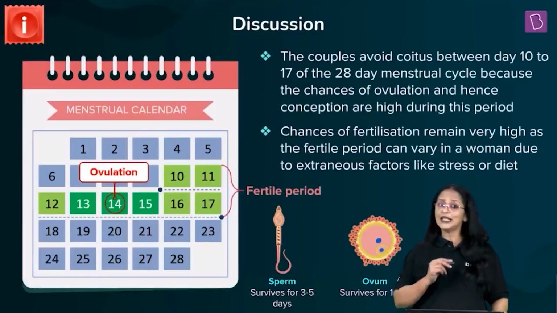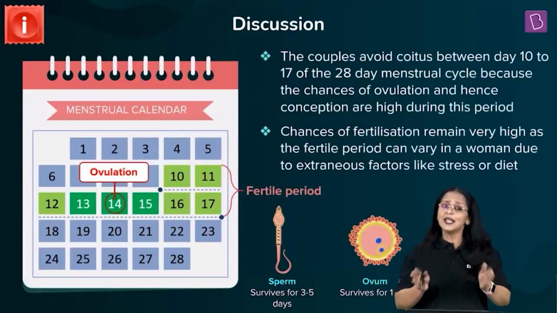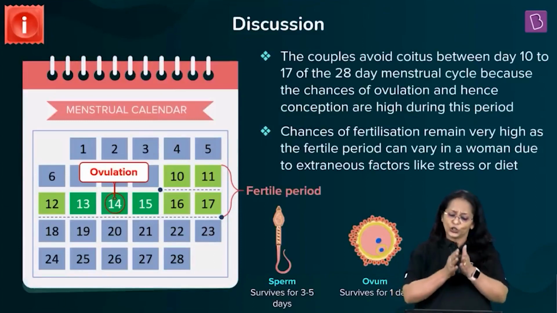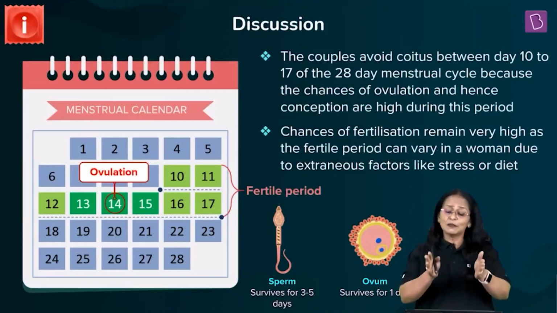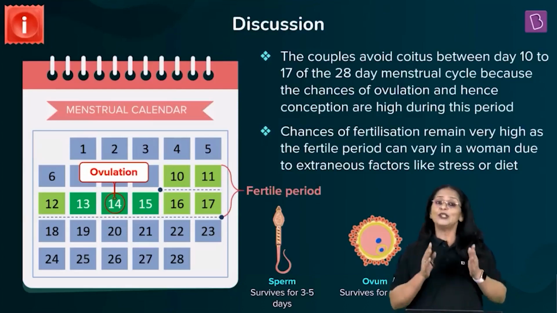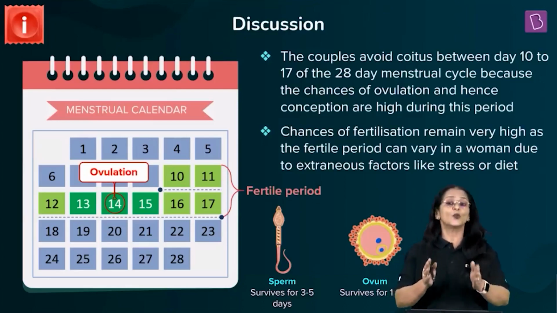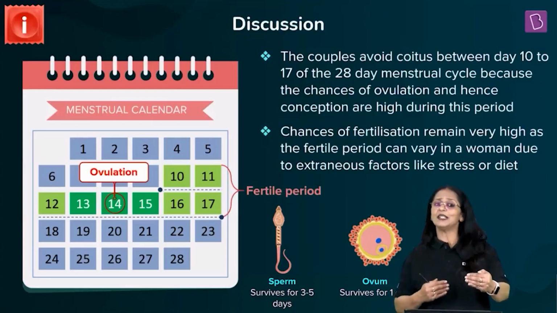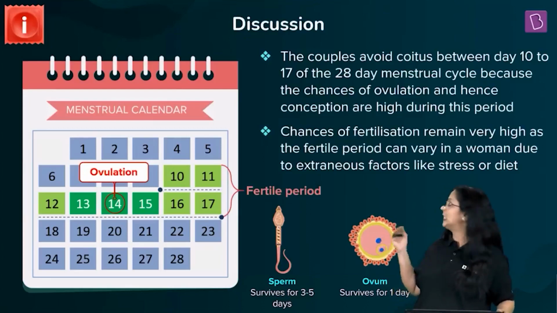Now, periodic abstinence is nothing but the couple abstaining from having unprotected sex during a certain specific period in the menstrual cycle. Assuming that the menstrual cycle is a normal 28-day cycle, day 10 to day 17 is considered, see the ones that are in green color.